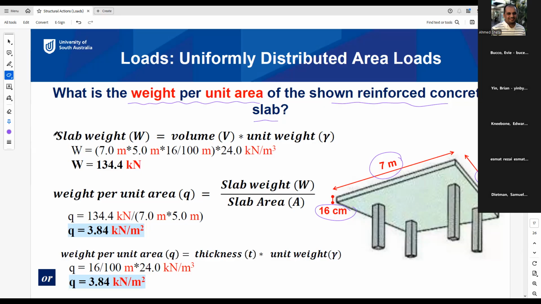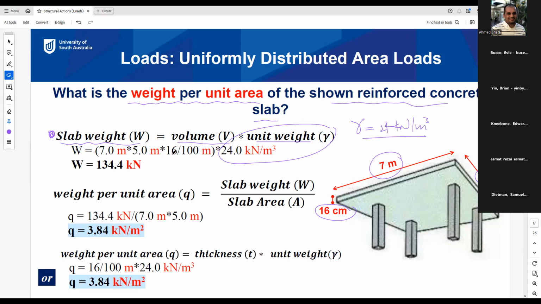We need to find the total weight of the element, which is the slab weight. So the slab weight is equal to the volume times the unit weight. We know before that the unit weight of the concrete is 24. So gamma for concrete is 24 kilonewton per cubic meter. So this we already know.